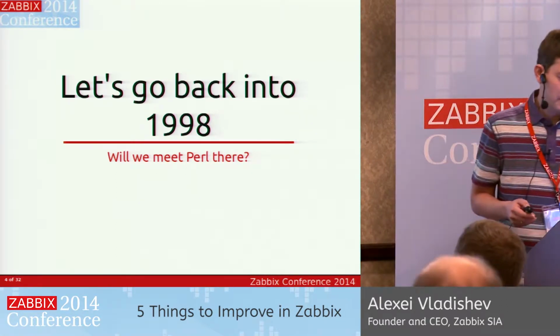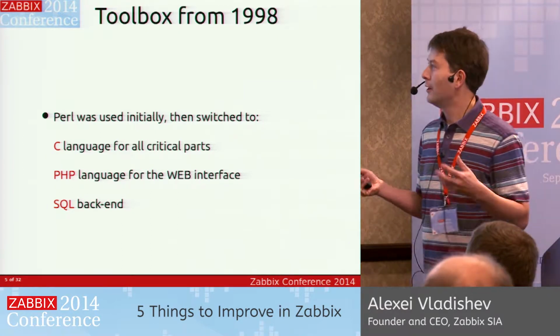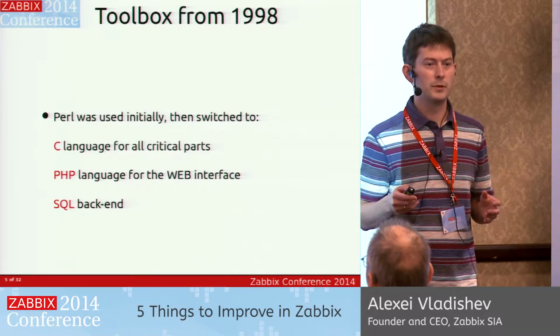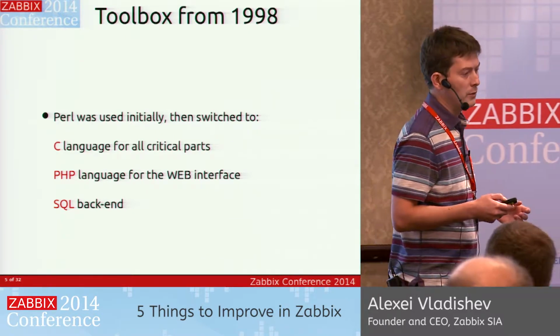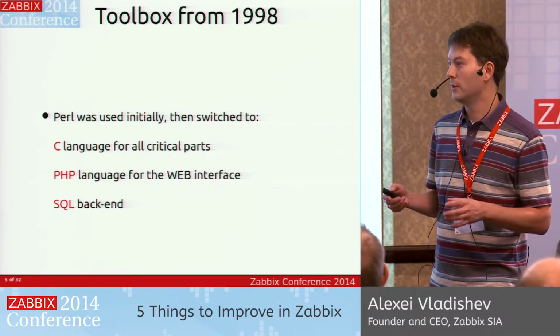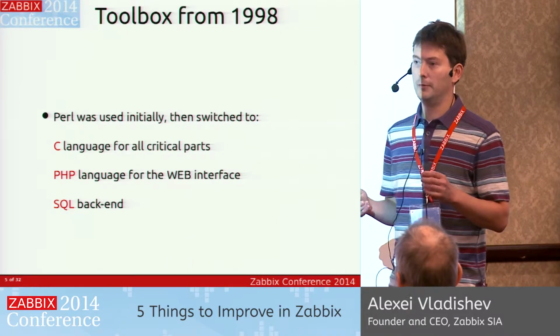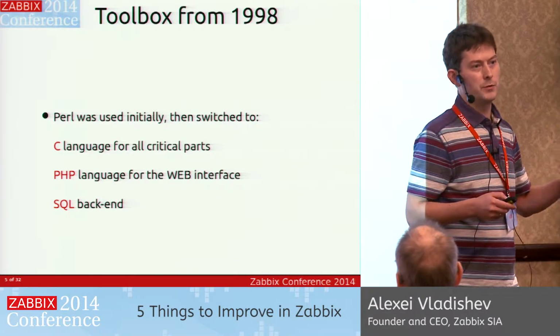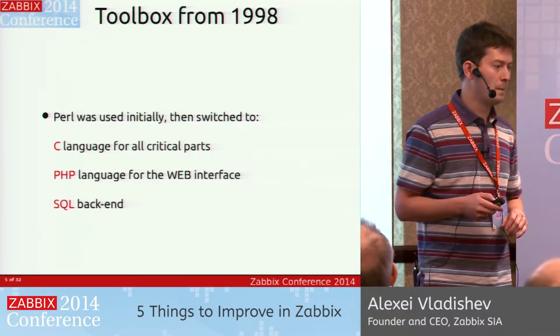I was quite lazy, so I was trying to automate my work, do some basic automation. Initially, the prototype of Zabbix was just a single Perl script. It connected to different operating systems, checked if they are up and running, and so on.